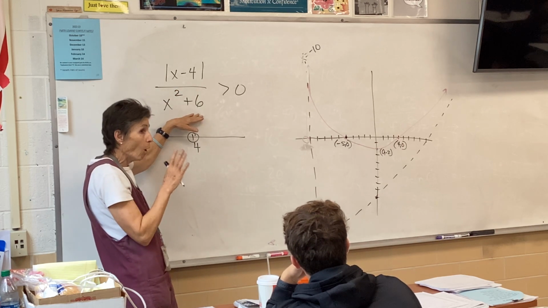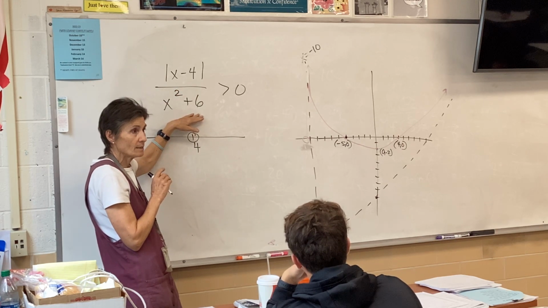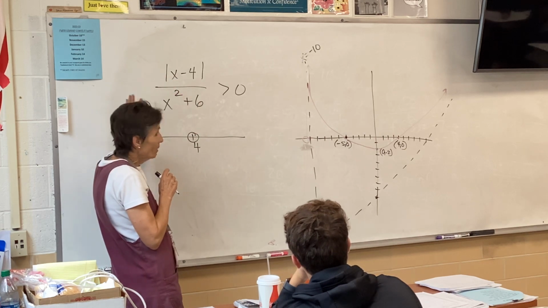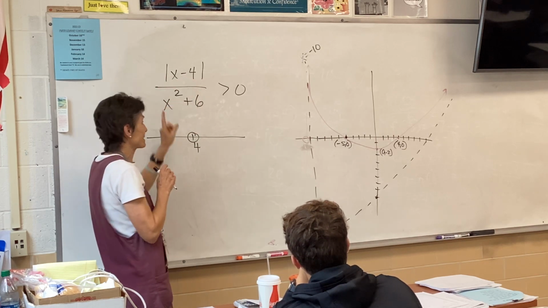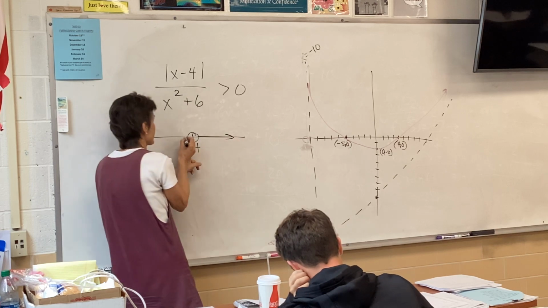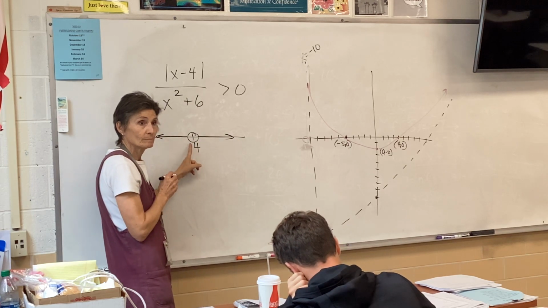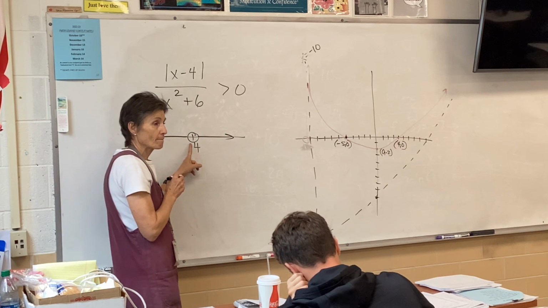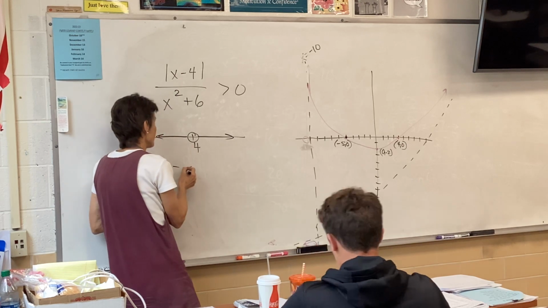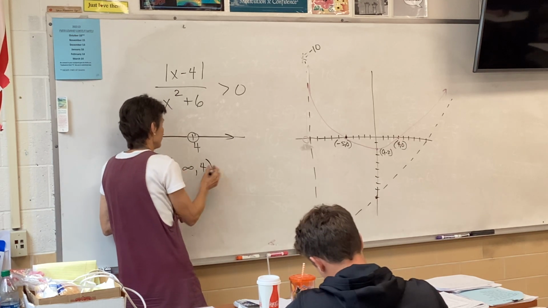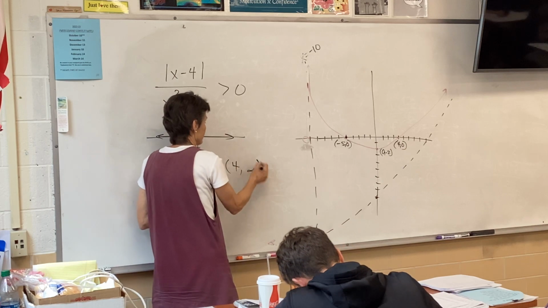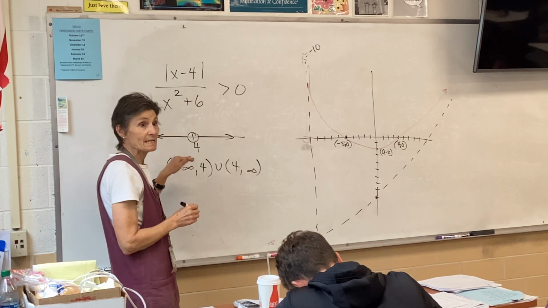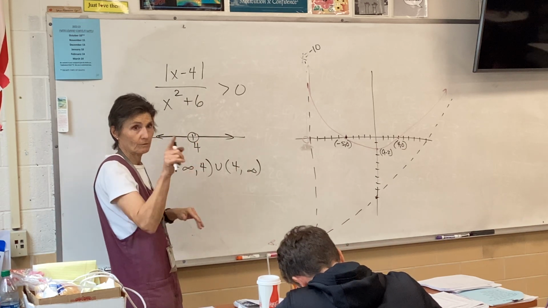Isn't the bottom always positive in real number land? So isn't that fraction always positive? Except for this one place where it equals 0? So my answer is everything except 4. So that one was easier than it looked, for sure.